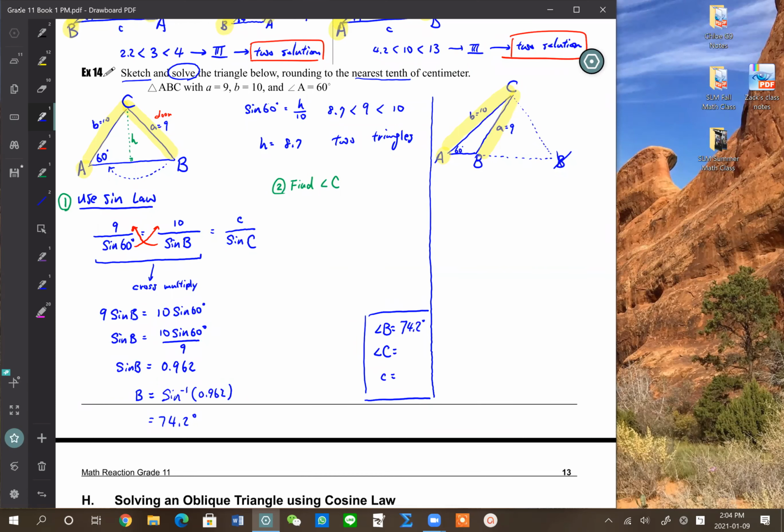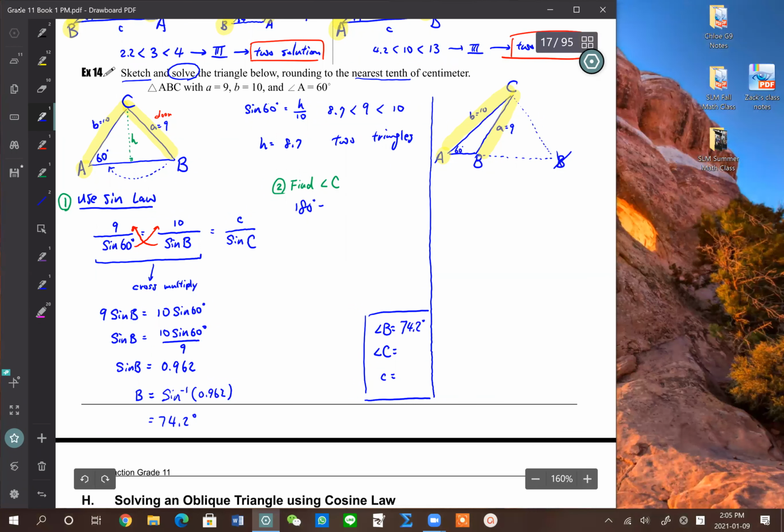You just add 60 and 74.2. Then subtract that from 180. Yep, very good. So 180 degrees minus both the 60 degrees and 74.2.